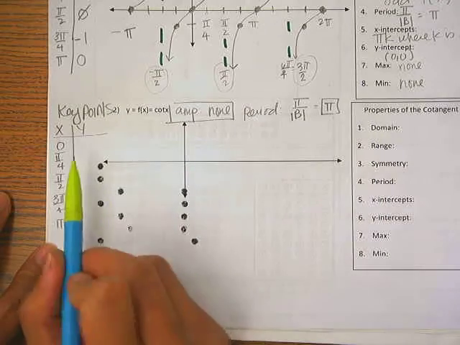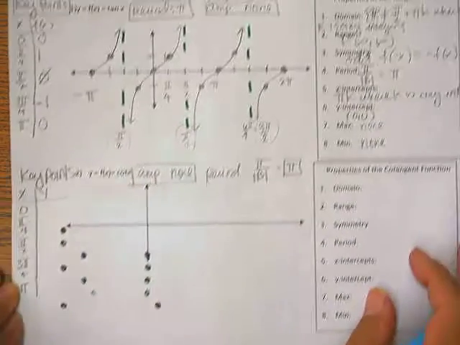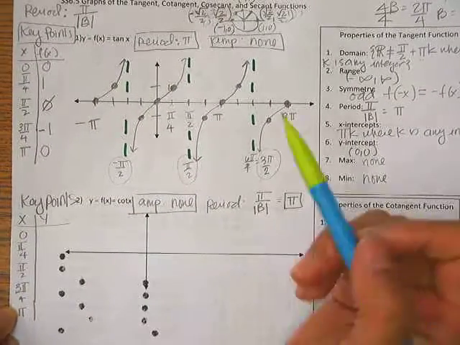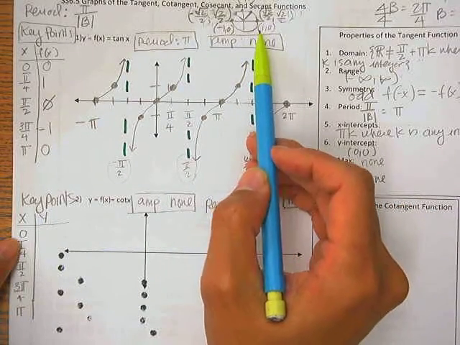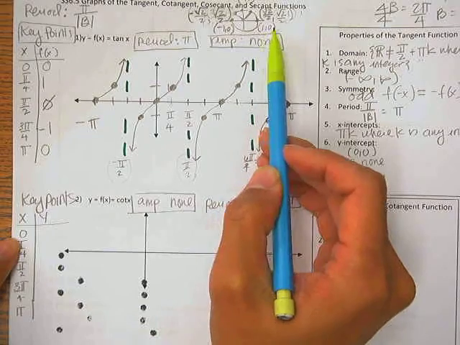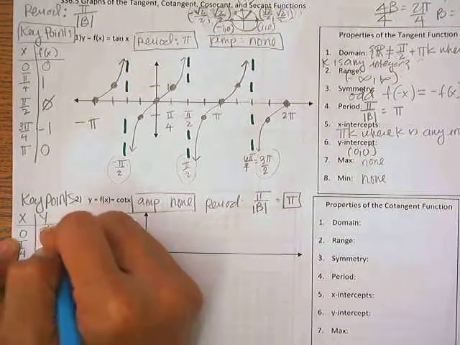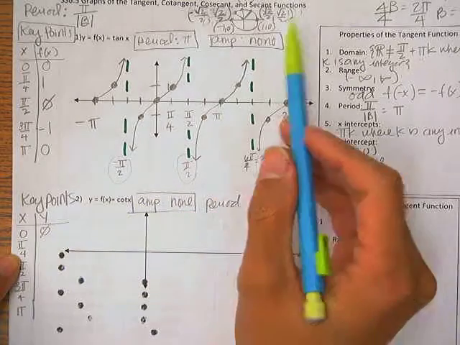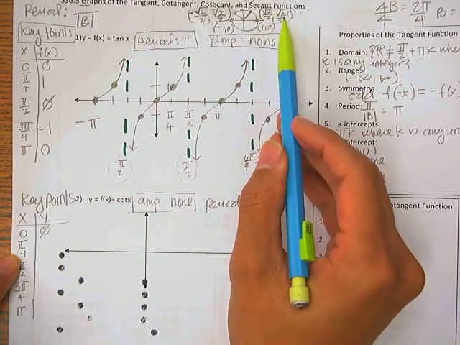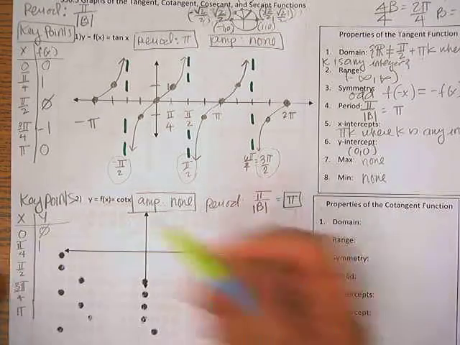Then the output. Cotangent, where is my circle? Cotangent at 0, that means x divided by y, 1 divided by 0 is not happening. Cotangent of pi over 4, x divided by y, so that's going to be positive 1.